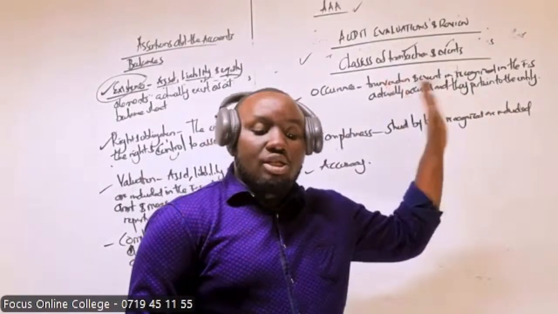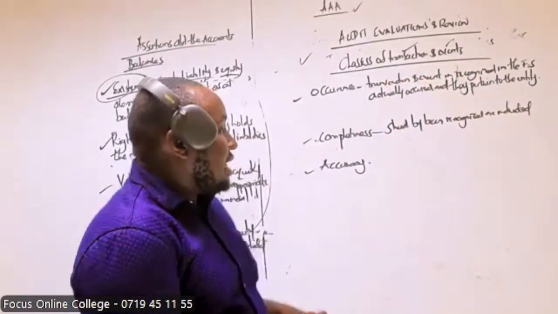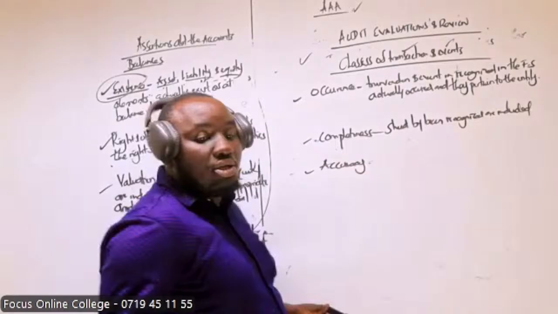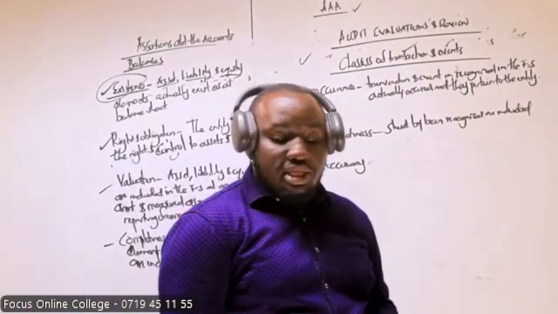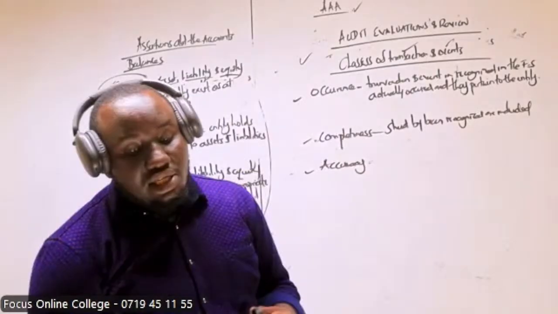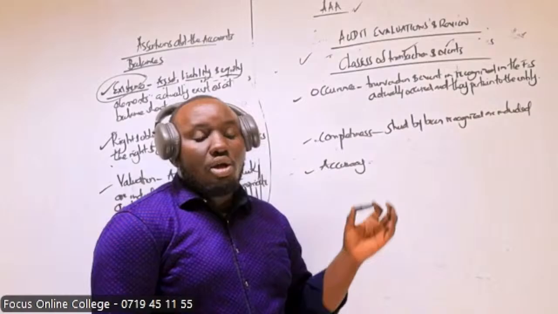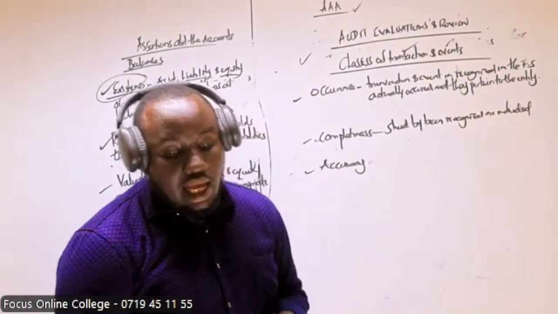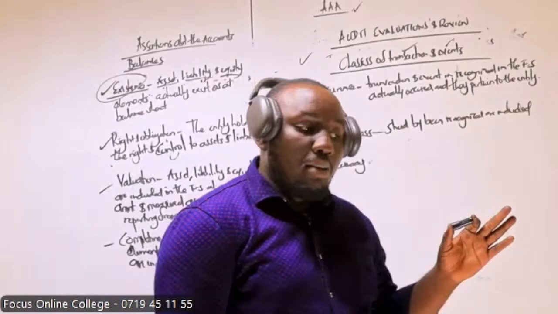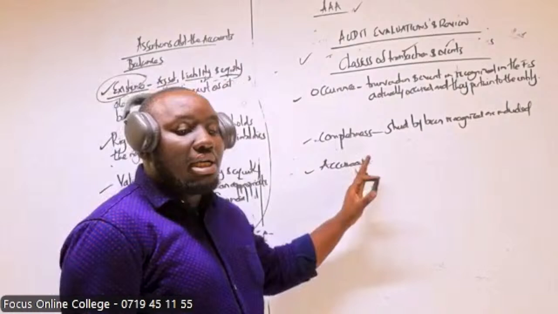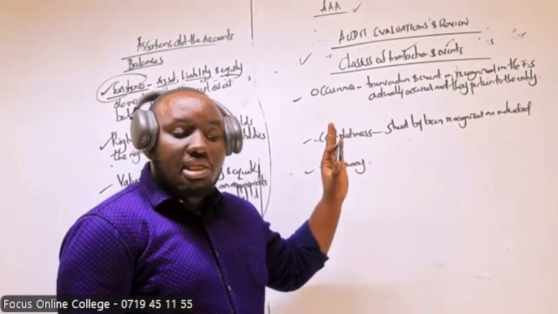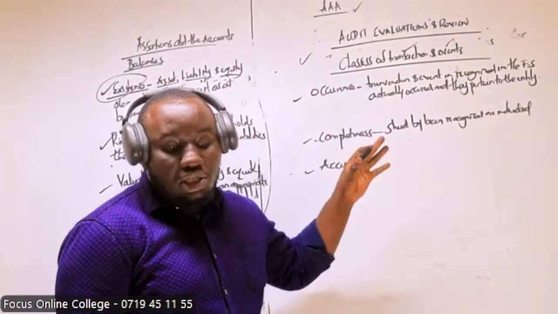Then you have the next assertion, that is accuracy. On accuracy, you're saying that amounts and data relating to the recorded transactions and events have been recorded appropriately. Are we together?